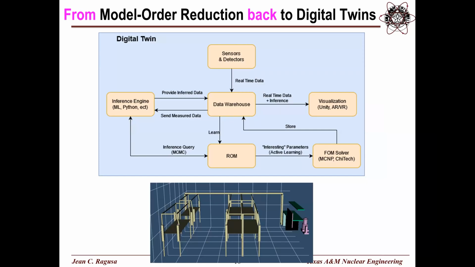Since I have 1 or 2 minutes left, I'll finish with how we go from model order reduction to the digital twin. We have an inference engine that runs really fast that tells us where the sources may be given some sensor data. The sensor data are the 16 detectors in our 4 glove boxes. The inference engine uses a reduced order model here.